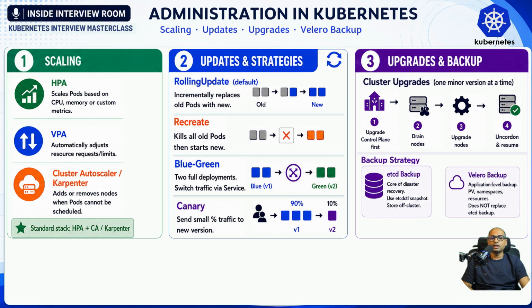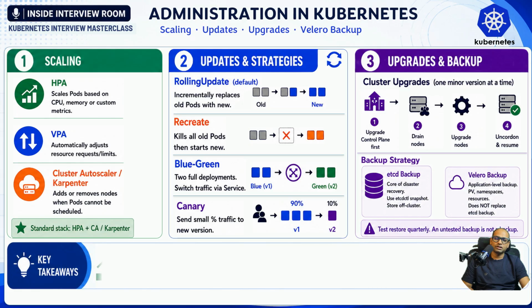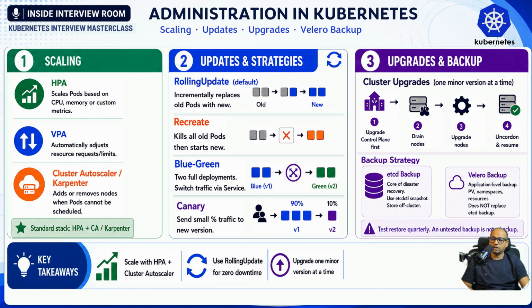Test restore quarterly; an untested backup is not a backup. Key takeaways: scale with HPA and autoscaler, use rolling updates for zero downtime, upgrade one minor version at a time, back up etcd regularly, automate, test, and document everything.